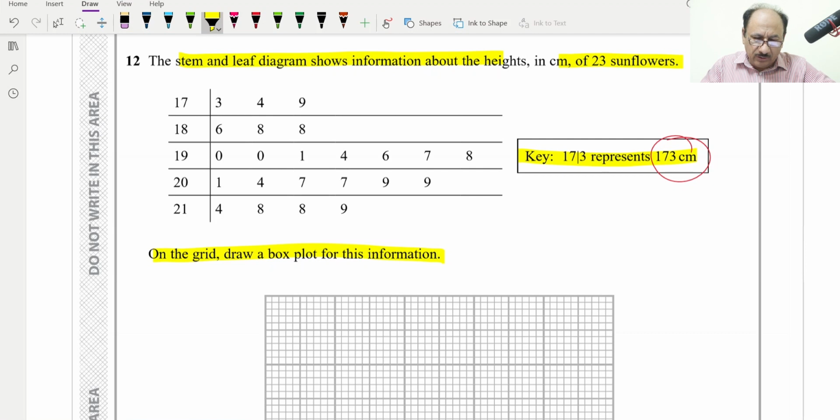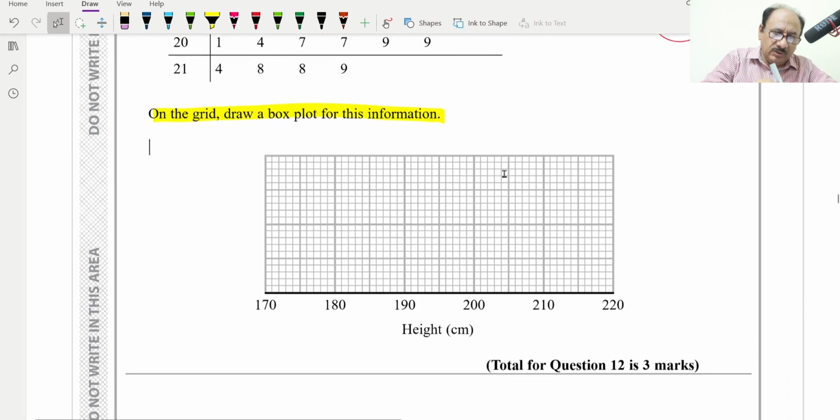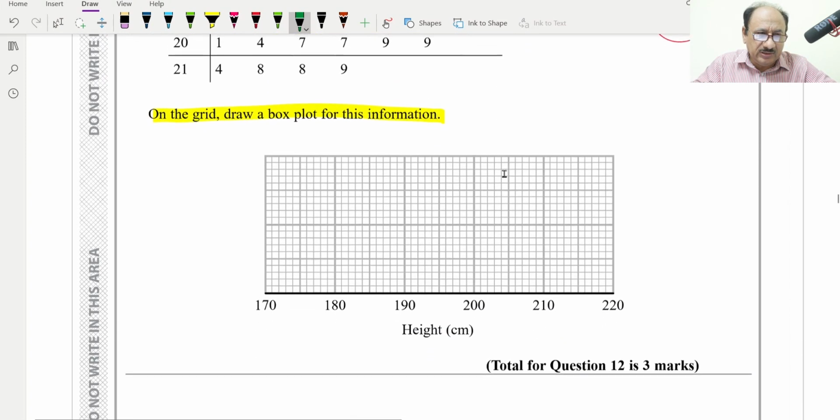For the box plot we need to represent the minimum number. So what is the minimum number? The minimum number is 173.